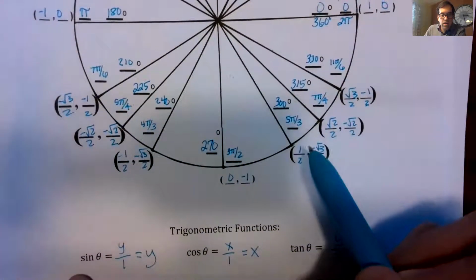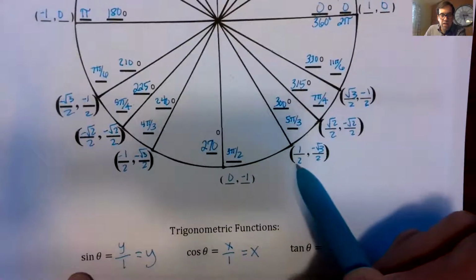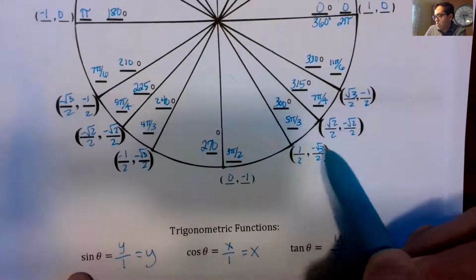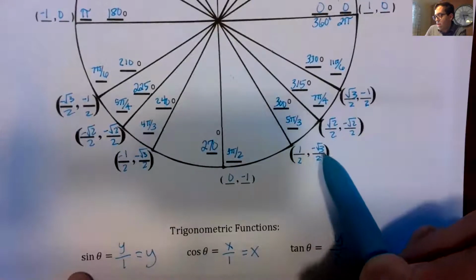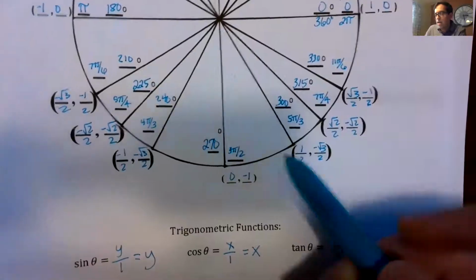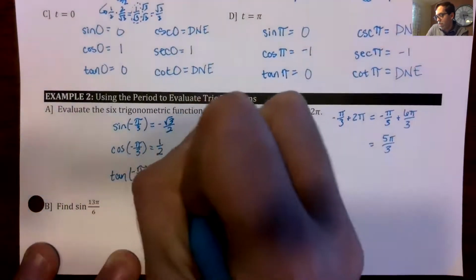If we are dividing 2 fractions and they both have the same denominator, the denominators are always going to cancel out, right? The 2's are always going to cancel if we're dividing. So when I divide ordered pair values from the unit circle, I only really think about the numerator. So if I'm going to do y divided by x, I just think about negative root 3 divided by 1. It makes it way easier. And then the answer is just negative root 3.